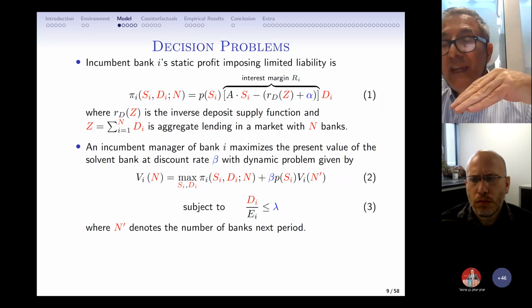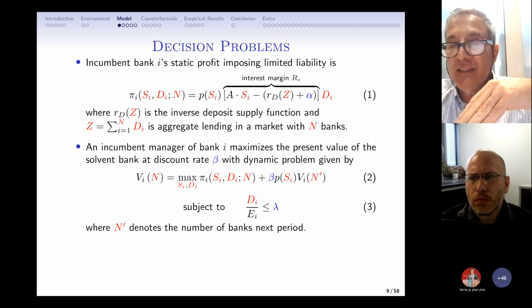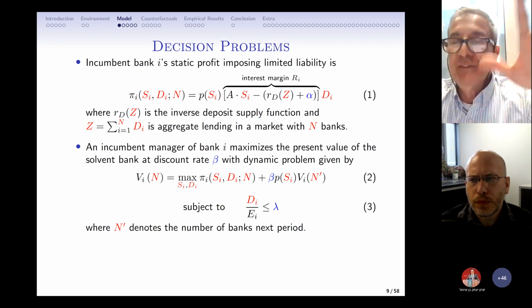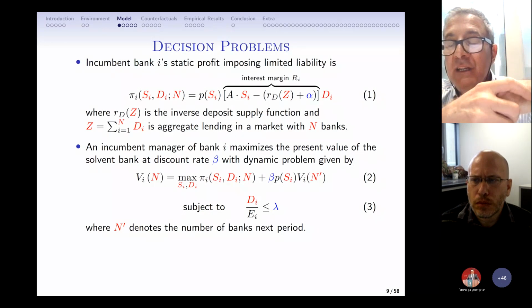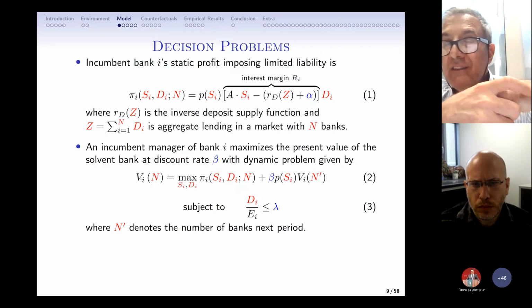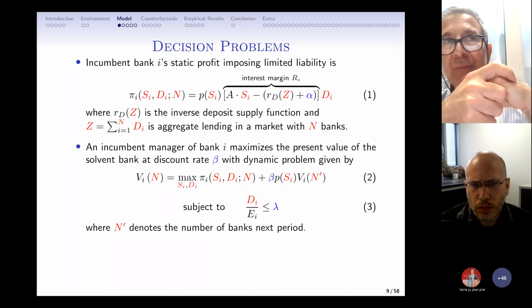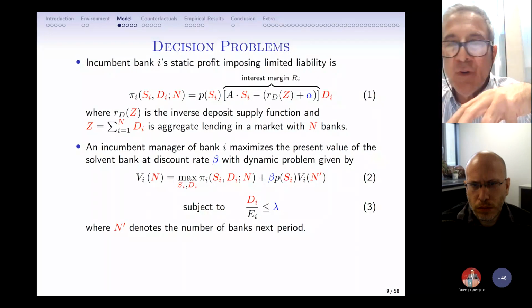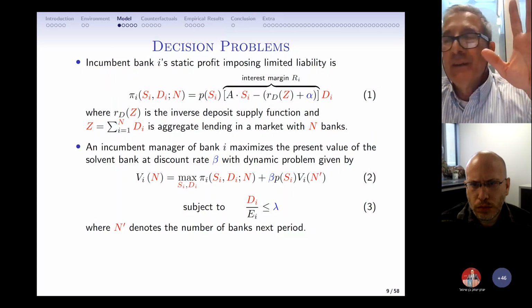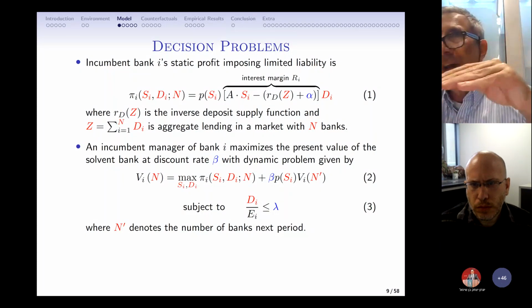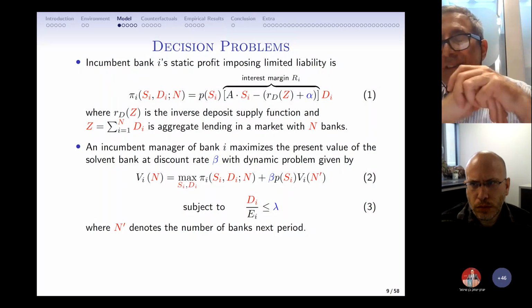When we go to the data and run some regressions, the way we're going to model better corporate governance is just the institutional percentage on a board: more institutional investors on a board may have better corporate governance, et cetera.